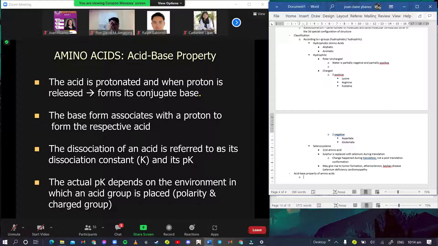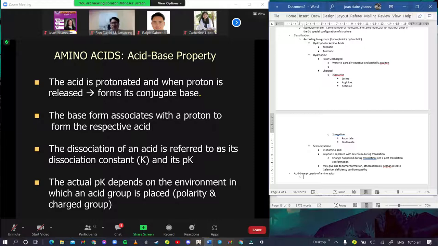I think it would be better to say, if the pH is greater than the pK, it will be unprotonated. Wait, because I remember about pK. If the pK is less than the pH, then it is unprotonated.